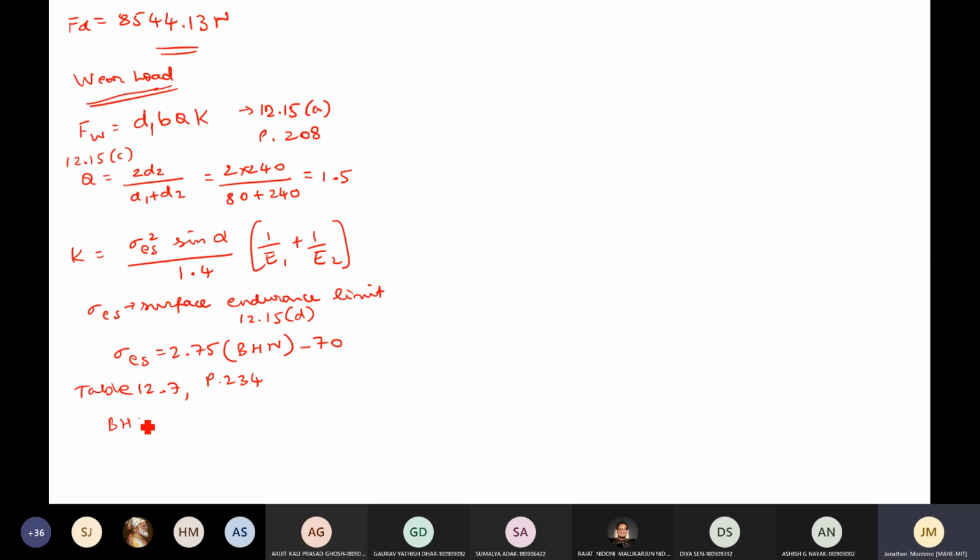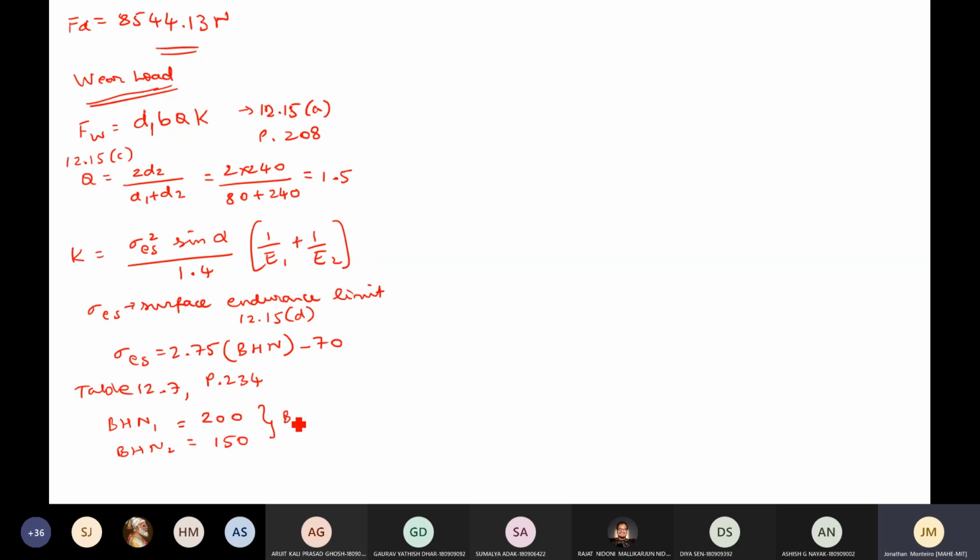So what is BHN1, the first one, and BHN2? For the pinion, same material, C45 steel untreated, BHN comes out to be 200. And for forged steel 0.3% carbon untreated, it comes out to be 150. Next to sigma D values, you have the BHN values, that is Brinell hardness number.